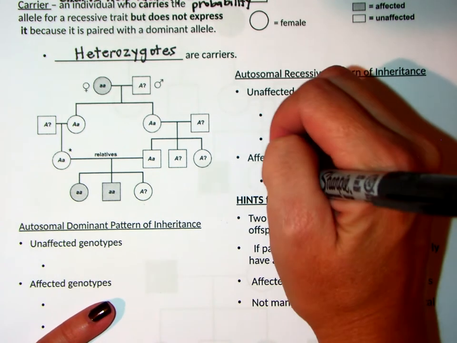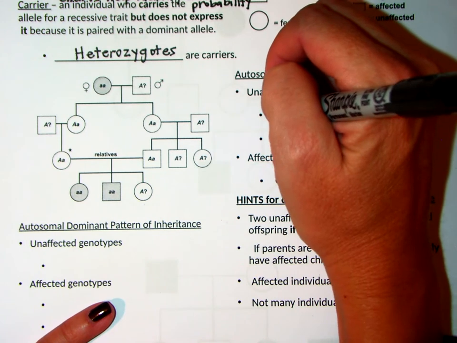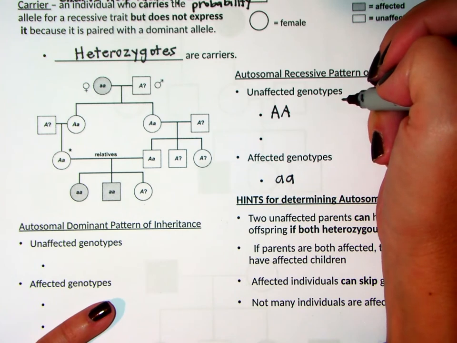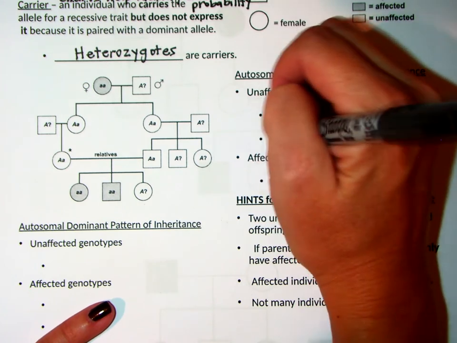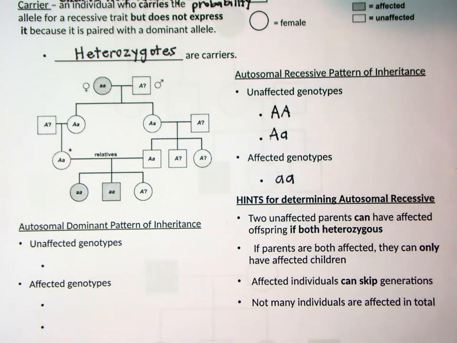We'll use A again, so little a. And unaffected, if you have a dominant allele at all, then it's going to mask that recessive allele. So unaffected could be big A, just homozygous dominant, or it could be heterozygous. So they're not affected, but they are a carrier for whatever recessive disease we're talking about.